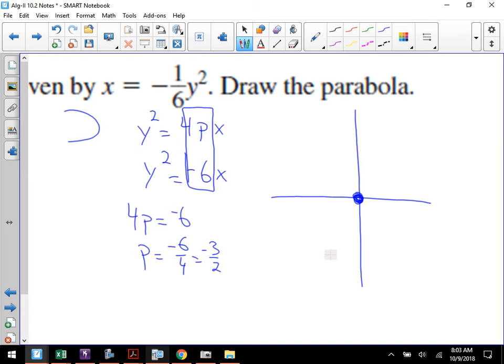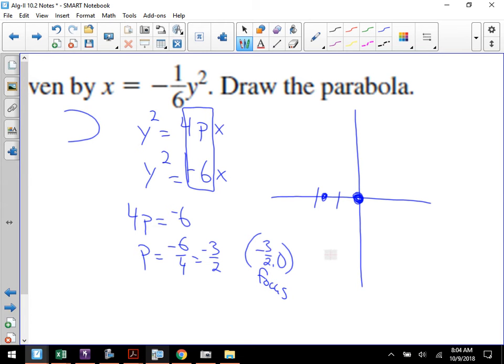That tells me that the focus moves to the left 3/2. There's my focus. The ordered pair of that focus is negative 3/2, comma 0.